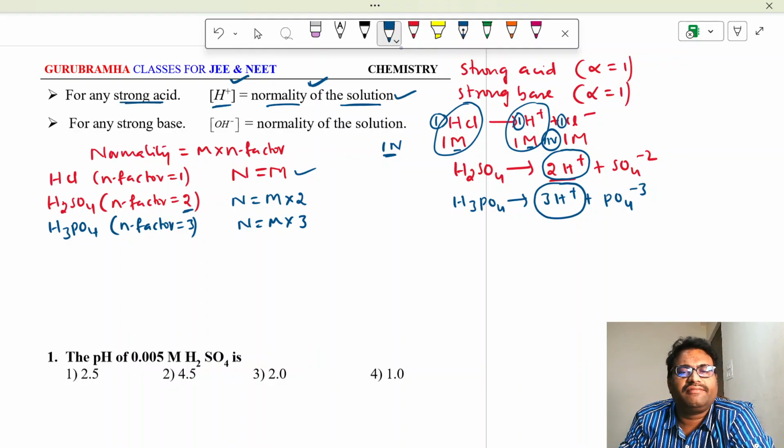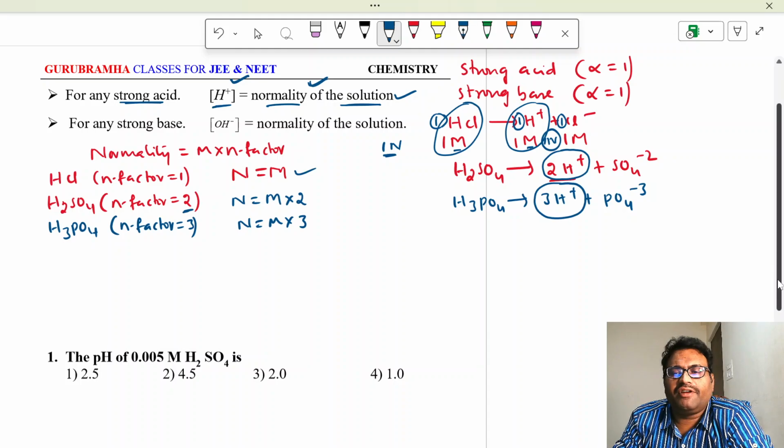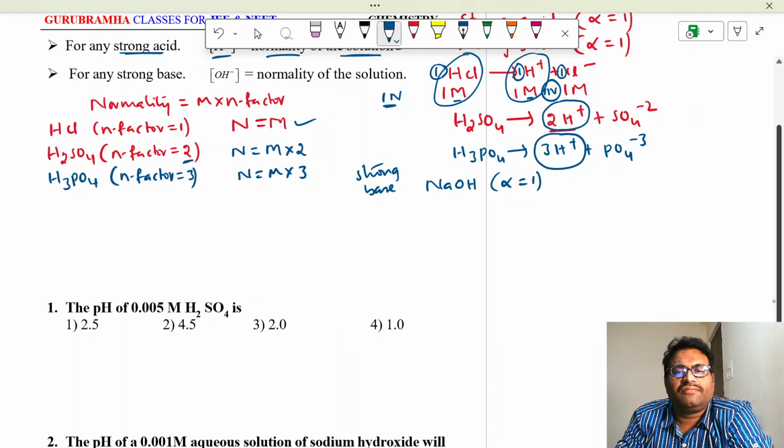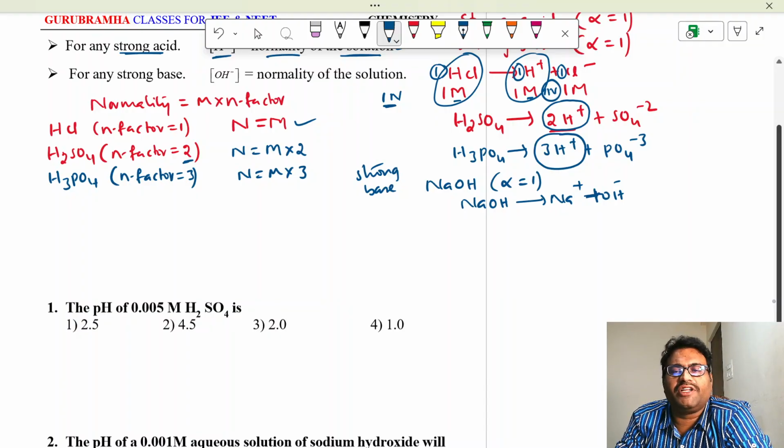So H+ ion concentration is nothing but the normality of the solution for a strong acid. In the same way for a base, for example NaOH, alpha is equal to 1, strong base. When alpha is equal to 1, NaOH dissociates into Na+ and OH-. It is producing 1 OH-, so N factor is equal to 1.